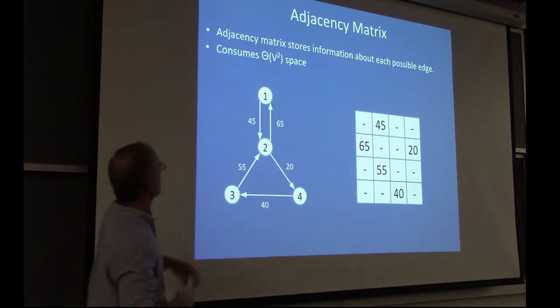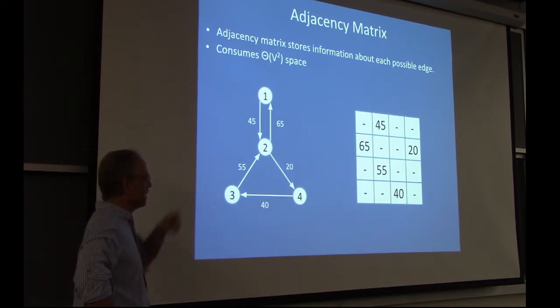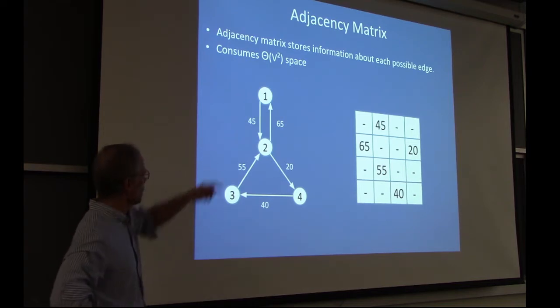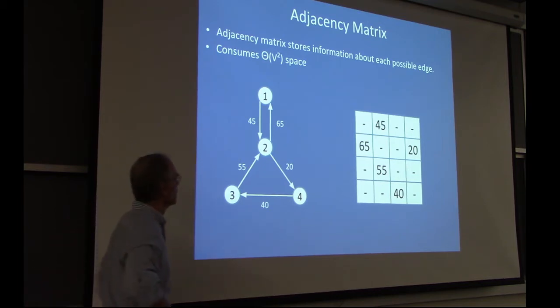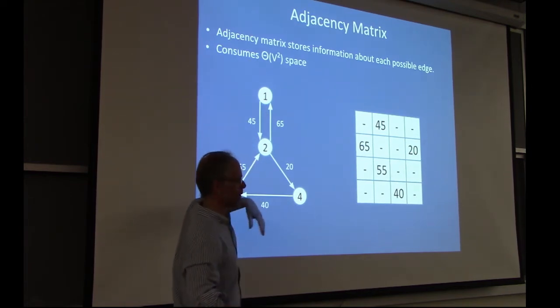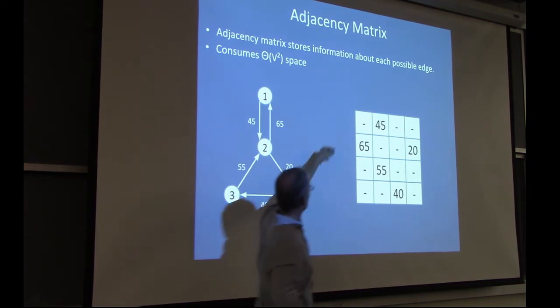The first one, the simplest one, is called an adjacency matrix. It's essentially a V by V array that stores information about every edge. So for example, on this one, this is that same graph we saw before, but this time with arrowheads. We have an edge from 1 to 2 that's weighted with 45.